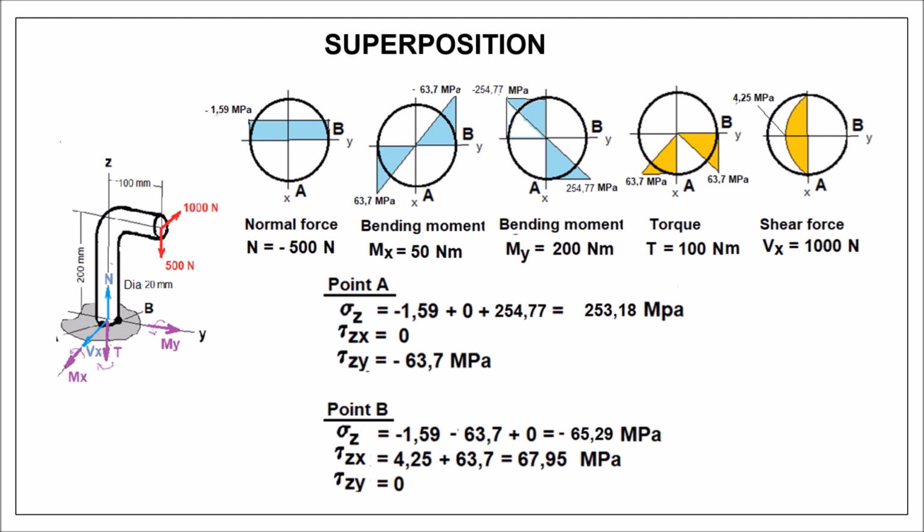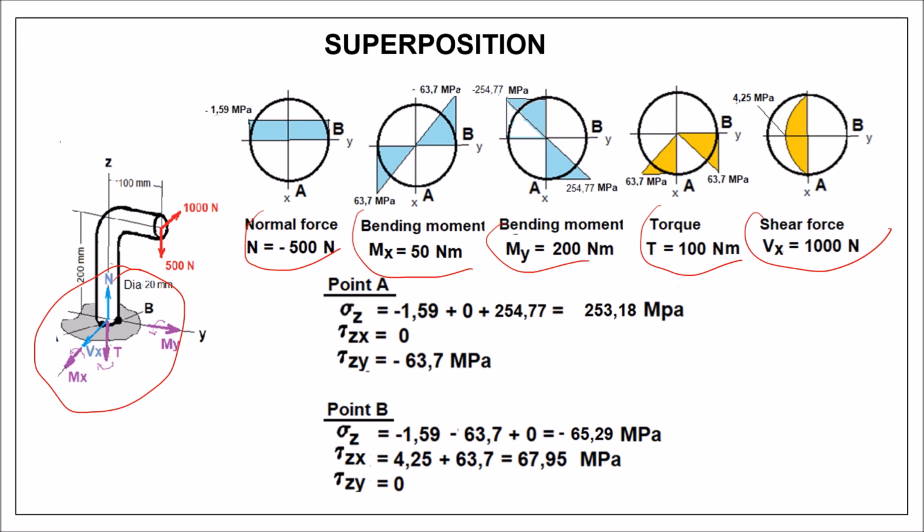Okay, now I have everything. So I had a critical section. I found that there are normal and shear forces, there are bending moments and torques on the surface. For each loading, I have calculated separately the stresses and their distribution.